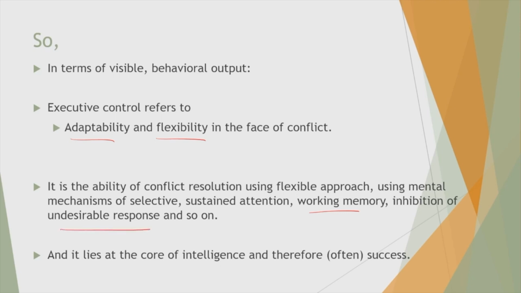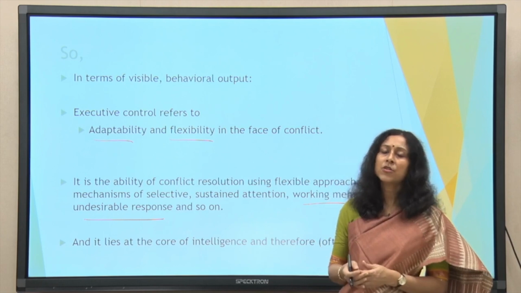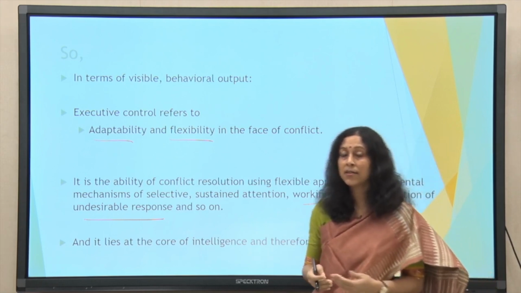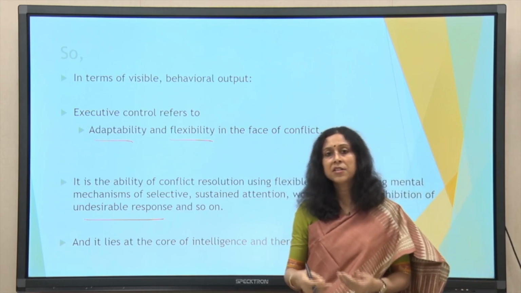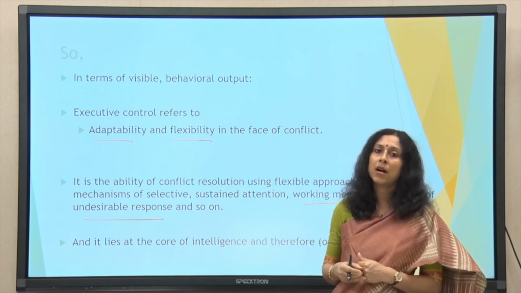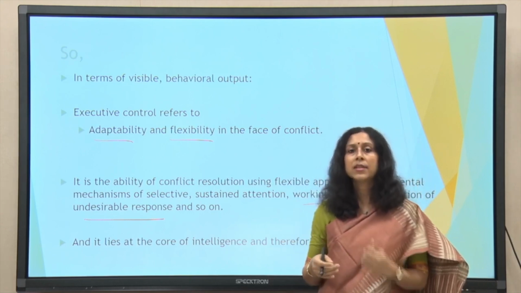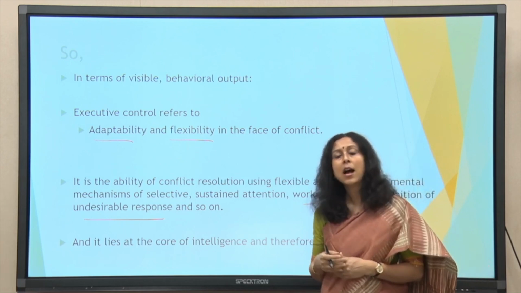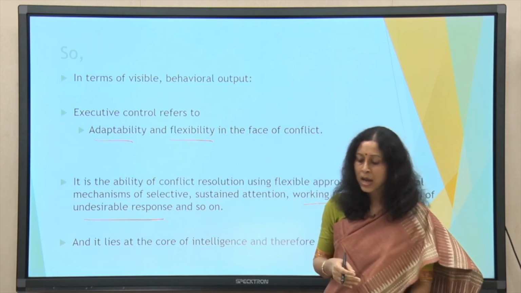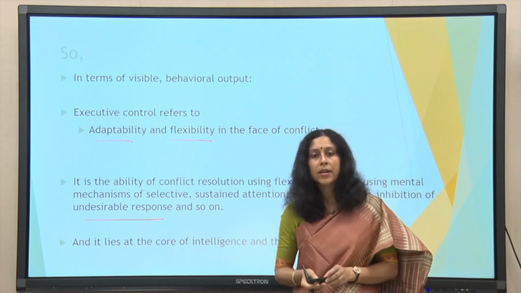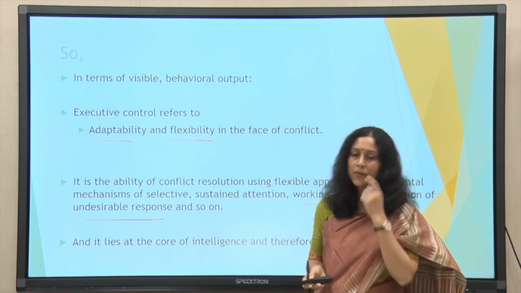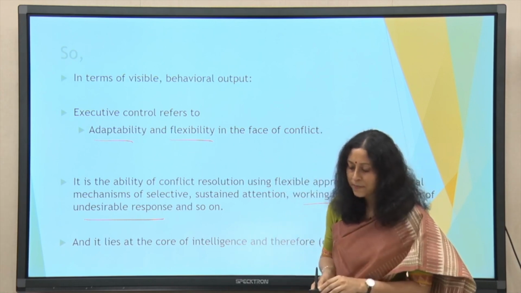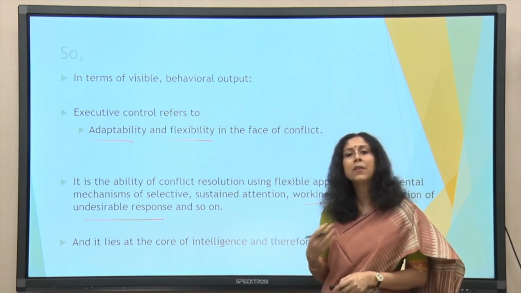So, you see, executive function is crucial not only in challenging task conditions, but it is also an important part of social cognition. What to say when and what not to say when, what not to do in what scenario are also an important part of our behavior in the world in the face of conflict. So, these are all important things in terms of behavioral output.